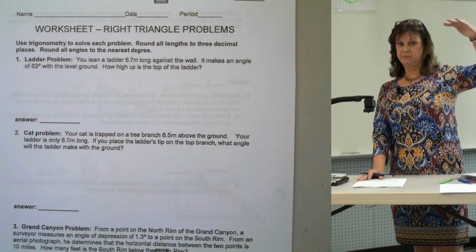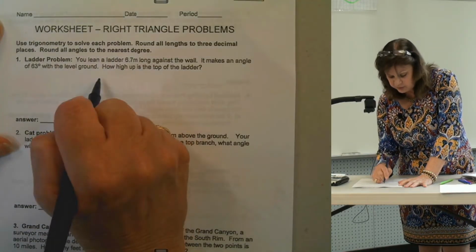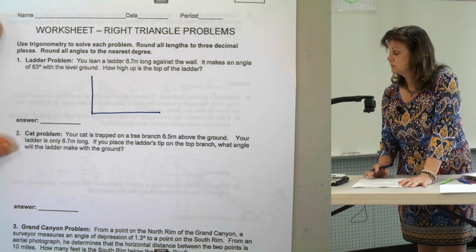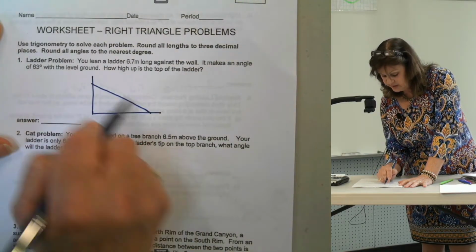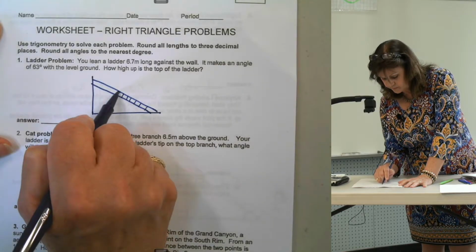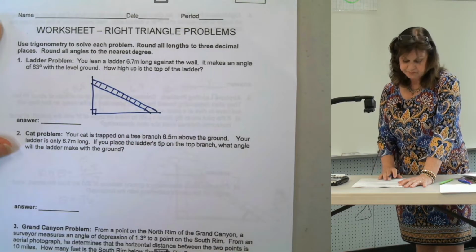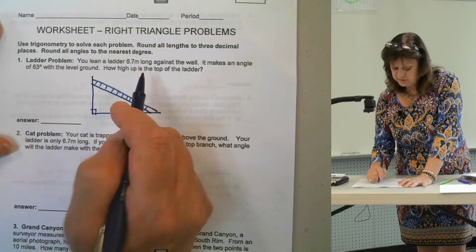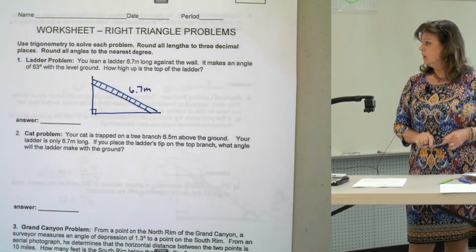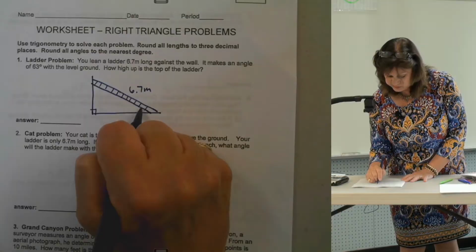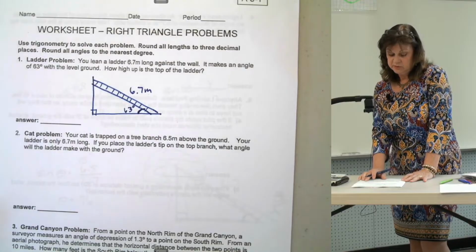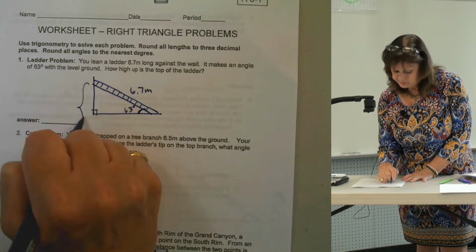Now they're talking about from the ground. So you're going to be drawing the right triangle. You have a wall here, we're leaning this ladder up against it. And the ladder is 6.7 meters long. So that's my hypotenuse. We have an angle of 63 degrees with the ground, not with the wall, with the ground. And we're looking for how high up the wall the ladder is.